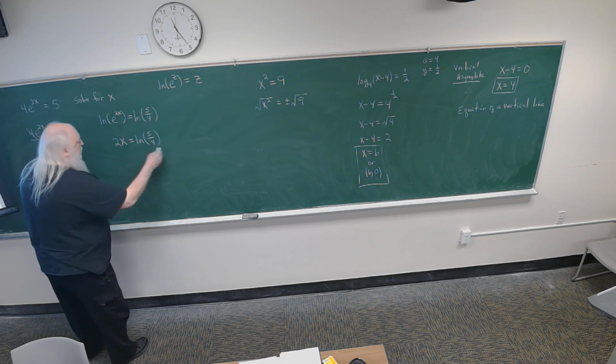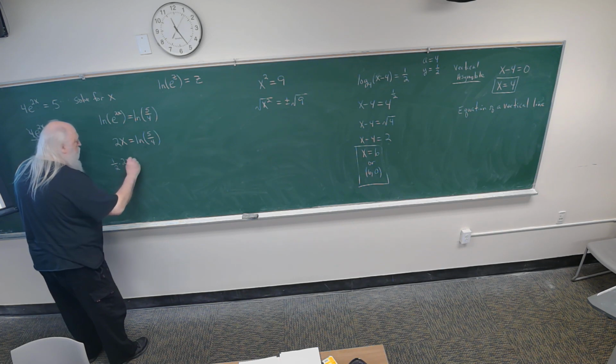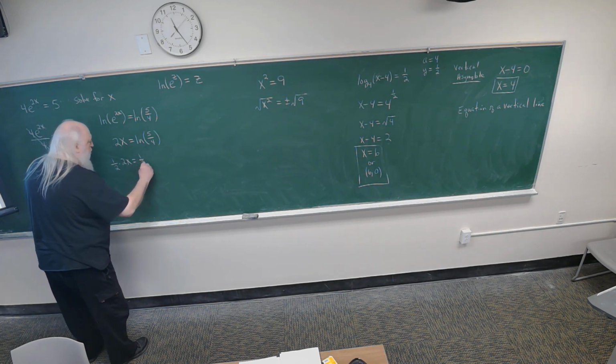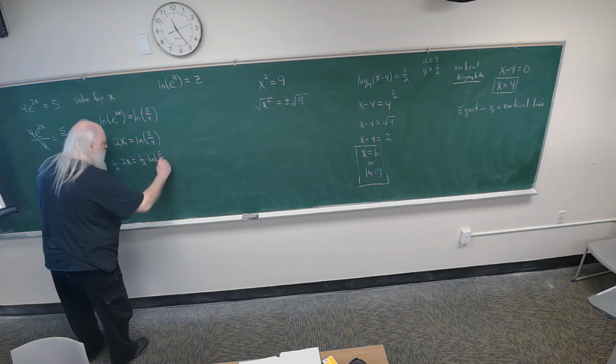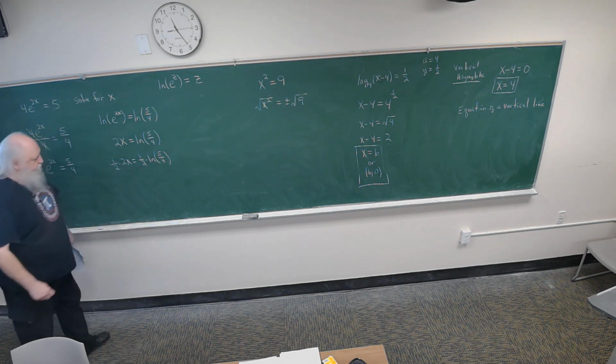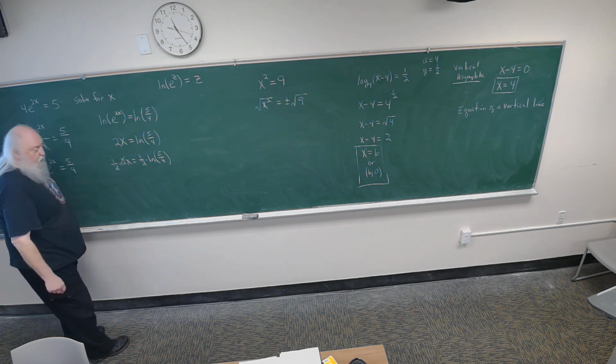And now we can divide both sides by 2, or multiply both sides by 1/2. 1/2 times 2, right, is 1.